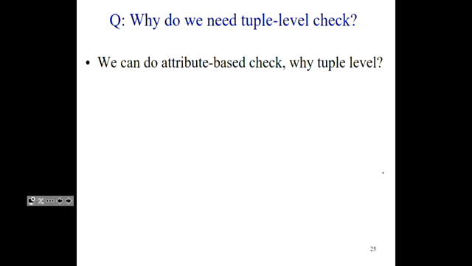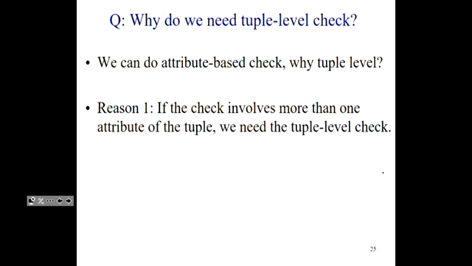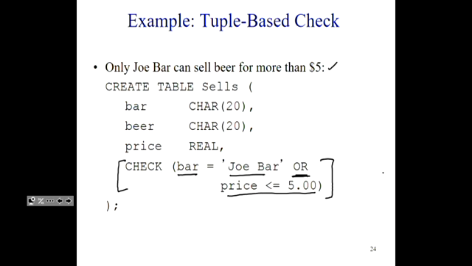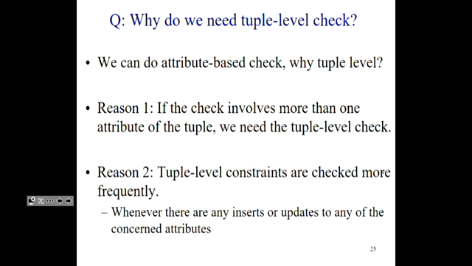So why do we need a tuple-level check when we can do an attribute-based check? The first reason is obvious. If a check requires more than one attribute of the tuple, we do need a tuple-based check. The previous condition, for example, required both attributes, so you can't place it as part of an attribute-based check. You have to place it as a tuple-based check. The second reason also is fairly straightforward.